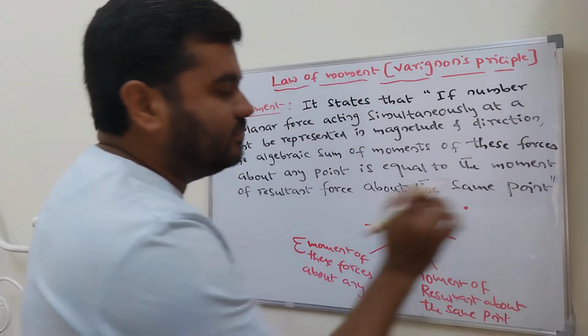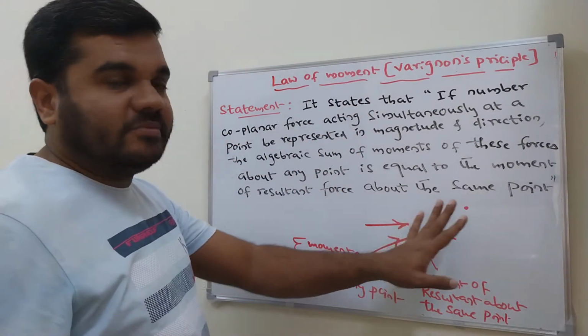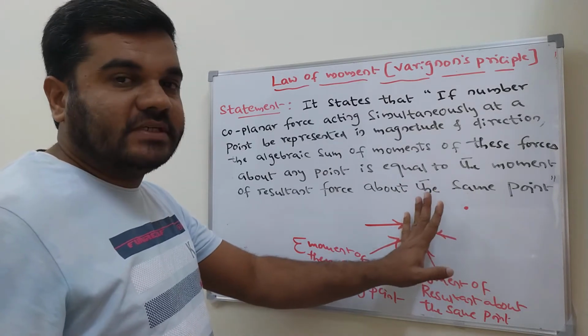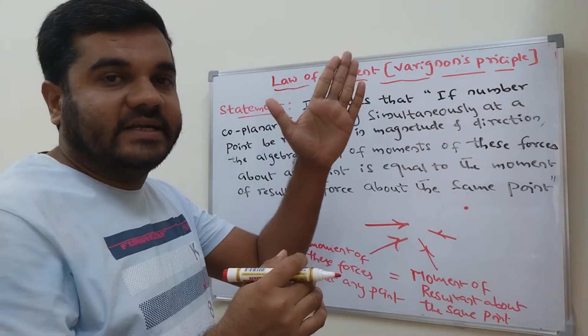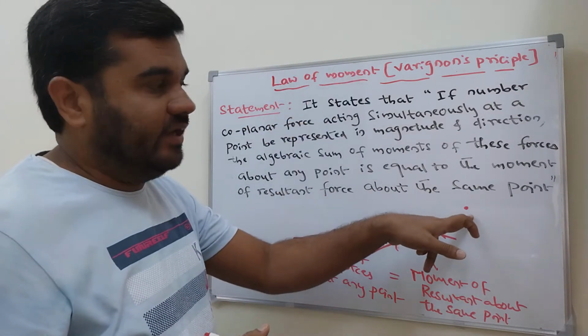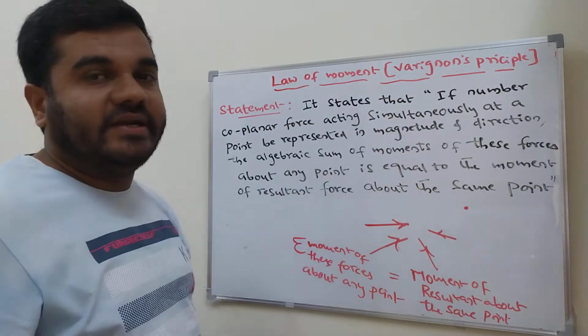It means if you consider this point, first find the moments of all these forces and add them. That is equal to the moment of the resultant about that point.